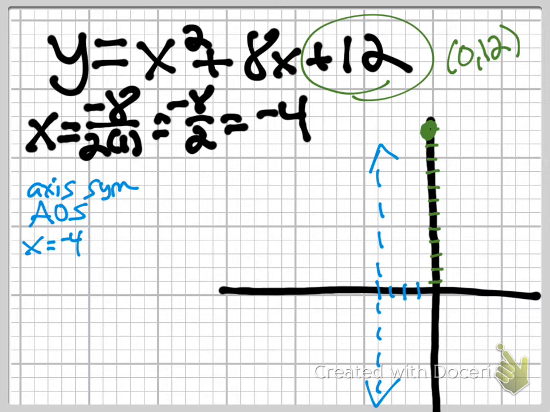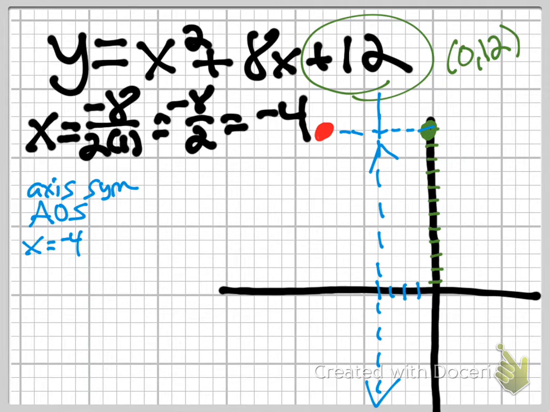Now, if I'm at my axis of symmetry, and right here, 1, 2, 3, 4 is 12 there, then 1, 2, 3, 4, I'm going to have a reflective point right here. See, so I have that reflective point there. So that's why we like that axis of symmetry, because we can get reflective points.